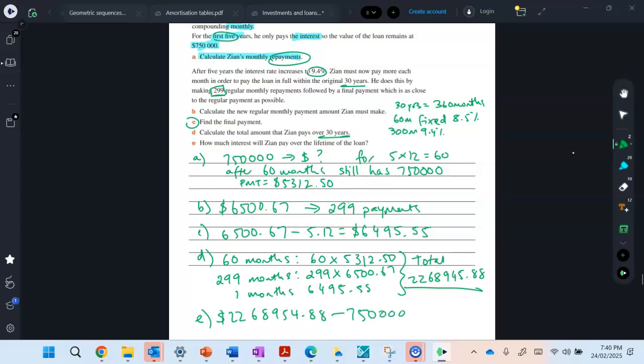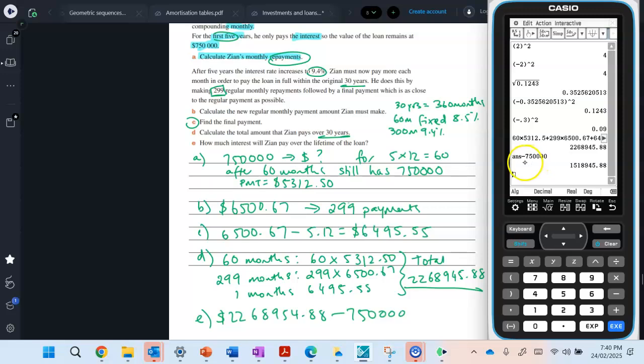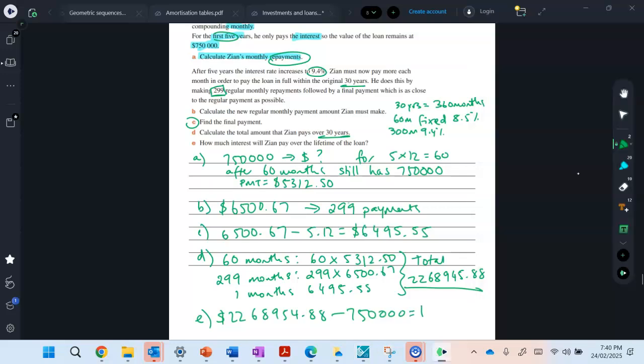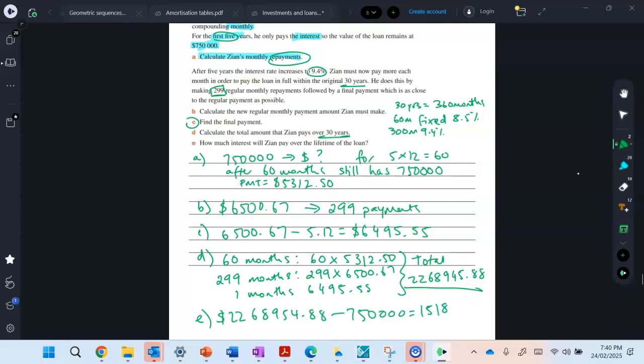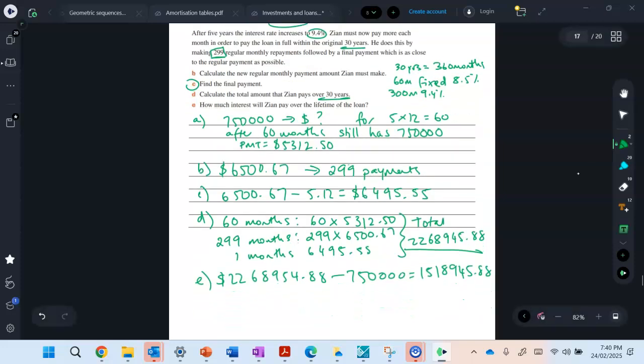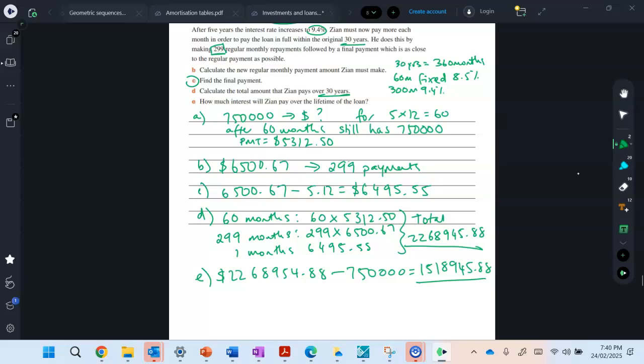So we do have to work out that difference, and that's what I did in this second one. We take away that $750,000 and we get this really big number. So 151, and then I think it's just the same, 894588. So paid this much in interest.